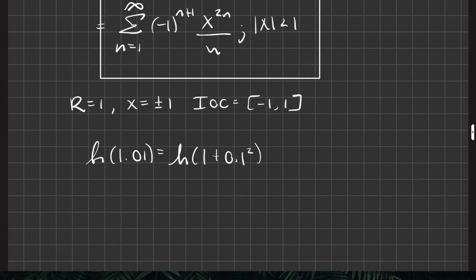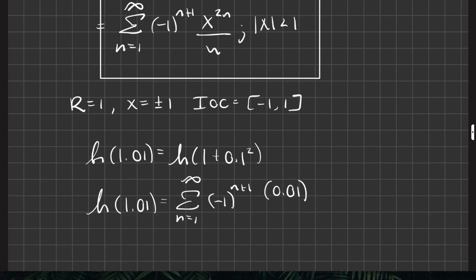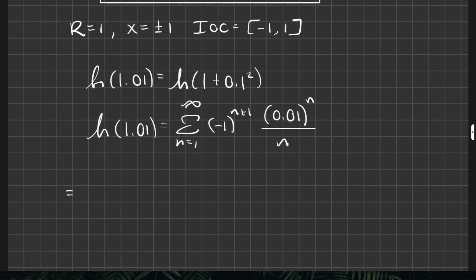So essentially letting x equal 0.1, we get that ln of 1.01 is the series n equals 1 to infinity, negative 1 to the n plus 1 times 0.01, that's what happens after we square 0.1, to the n over n. Now, this is just calculator stuff. So this will be 0.01. Imagine we're expanding this series. That's all we're doing.